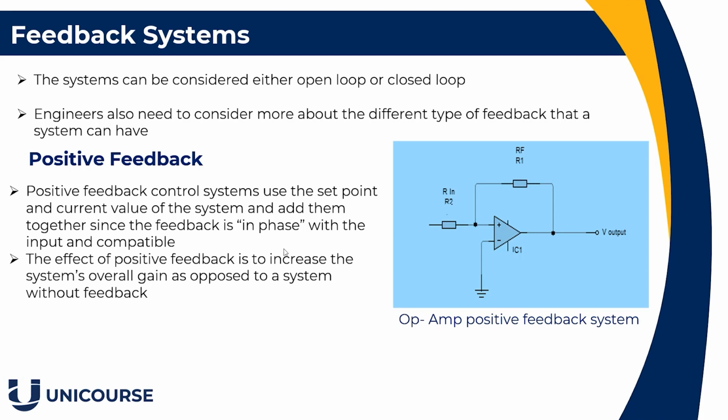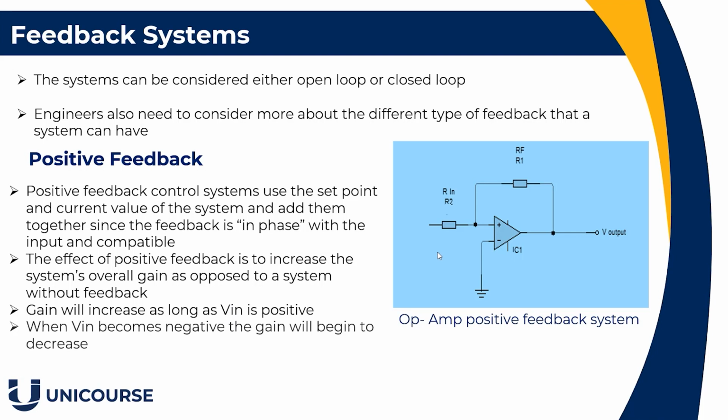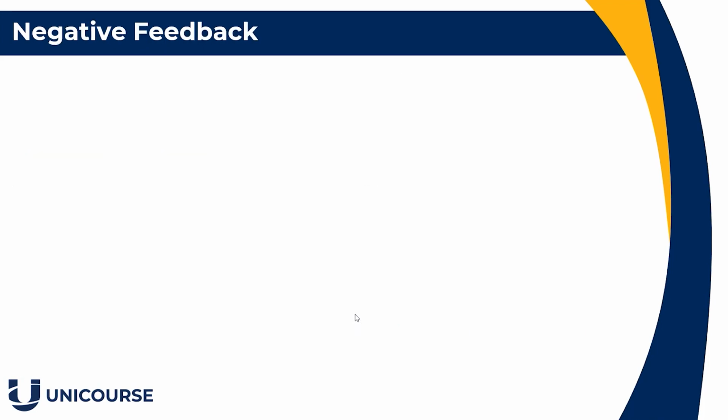So this is the effect of positive feedback within the system. So the gain will increase as long as the input V is positive. When the input side V in becomes negative, the gain will start to fall and will decrease.